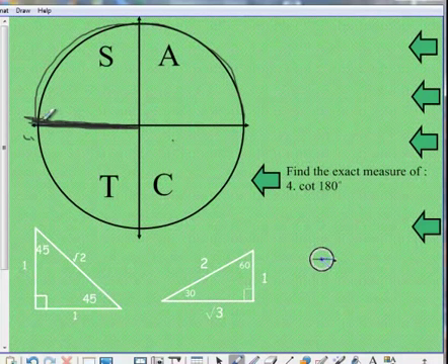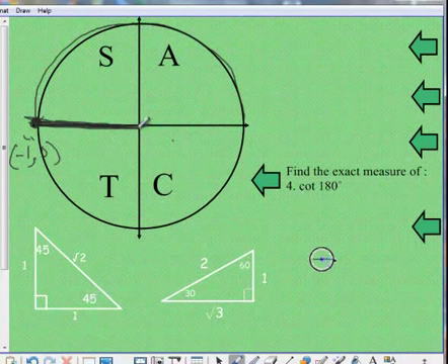All right, what do I know about where I stopped right here? I know that's the point -1, 0 because it's a unit circle. I know my radius is 1. And I also know that the x value is the cosine of the angle and the y value is the sine of the angle.